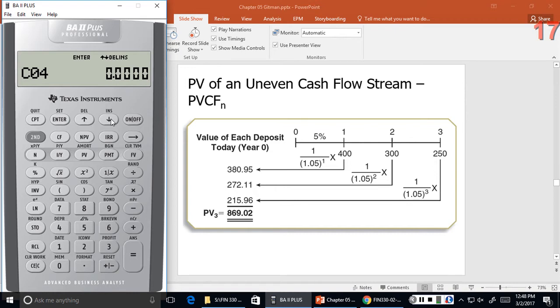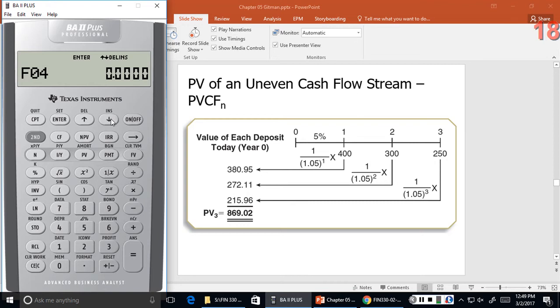But then you didn't clear it out, you come to this problem and you think, okay, I'm just going to enter the new cash flows over the top of the old ones, which is okay. But the problem is you get to this point and you're like, okay, I'm done, I'm finished. And those old cash flows are still there, and so you're going to get some really strange answers. So that's why once we hit the CF key, we press the second clear work button to make sure we clear out any old cash flows.